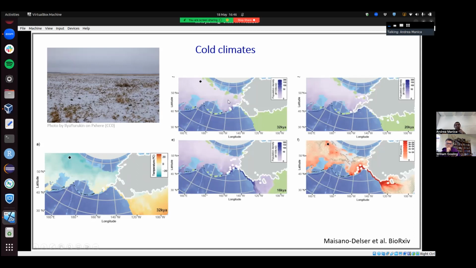Interestingly, though, the model prescribes that they should be found at very low densities to actually get the genetics right. And that, in a way, makes sense if you think in terms of biology. We would expect those populations to be pretty thin on the ground in such extreme conditions, and that's indeed what we see.